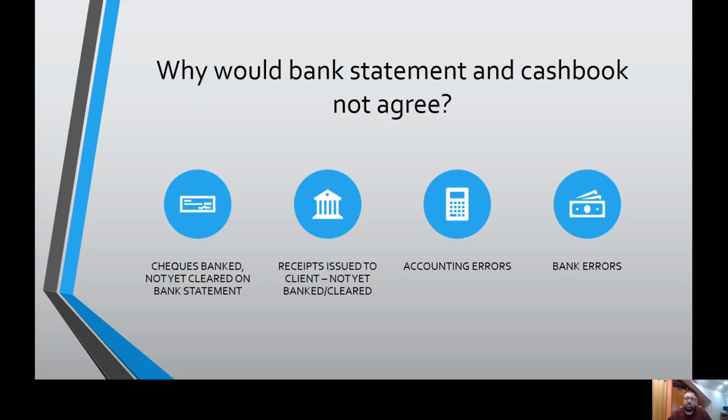So the moment I issue him with a receipt, I have to load a transaction in my cash book on the debit side to show that the cash book has now increased. But if I haven't banked it yet, and that's the only transaction in the world, my bank statement will still have a zero balance. So there's a valid reason why my cash book balance and my bank statement would differ.